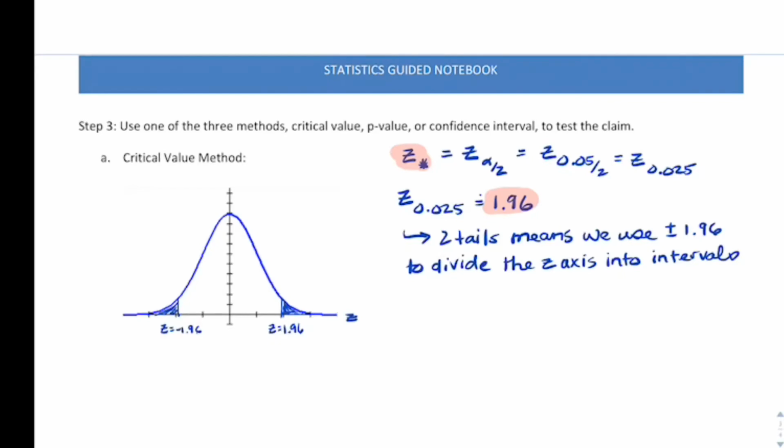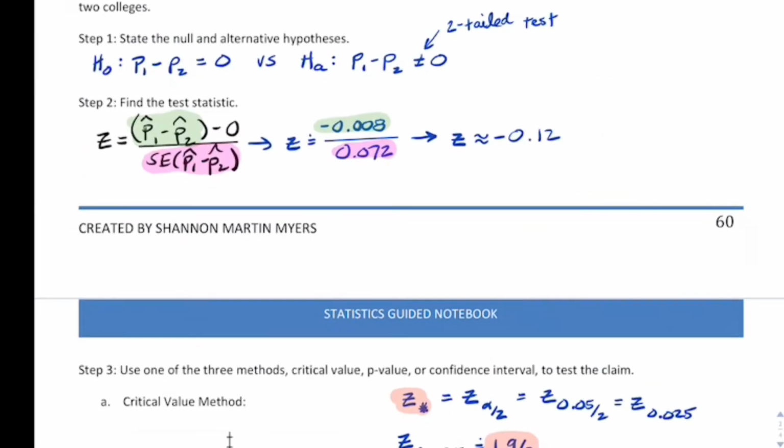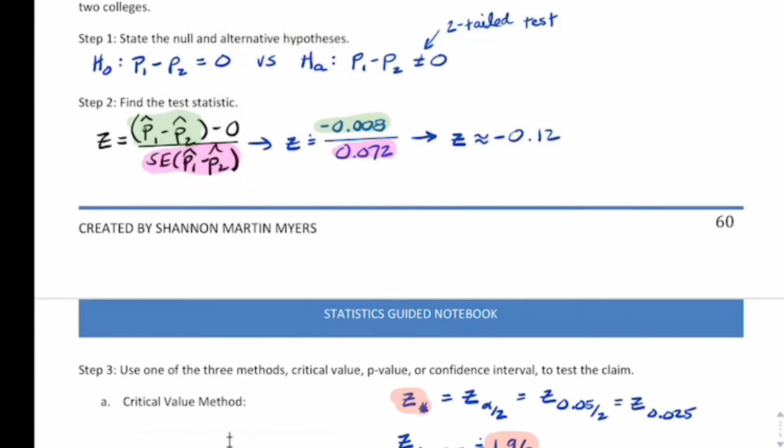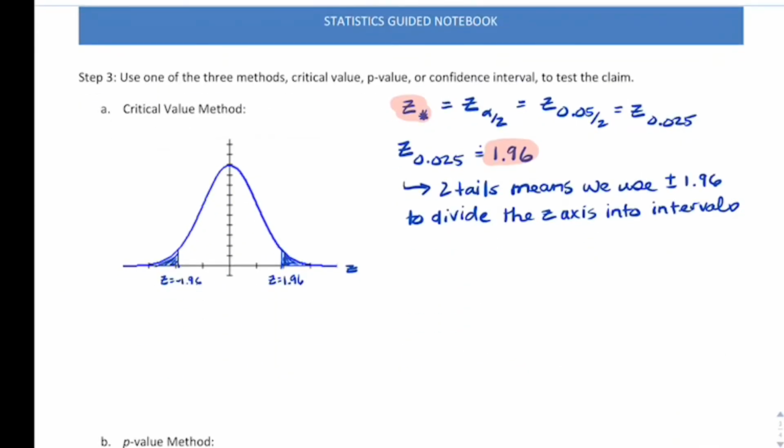And so we need to utilize our test statistic and see if that falls into the shaded regions here. So our test statistic, if you recall, was this one here. So we found our test stat to be, I'll do that in yellow, I guess. Our test statistic was negative 0.12. So coming back here, if you go to negative 0.12, I mean, that's going to be about here, right?